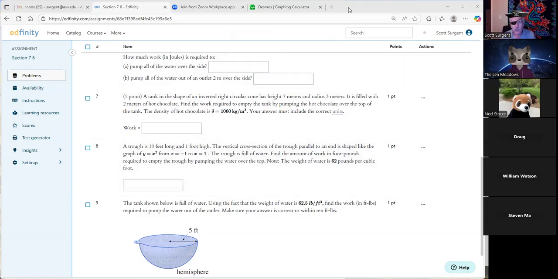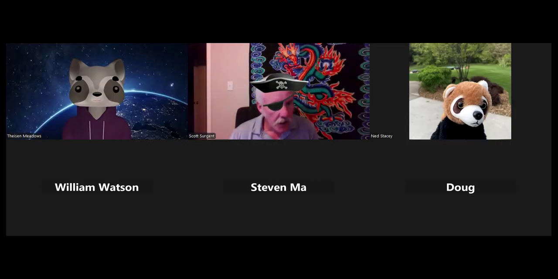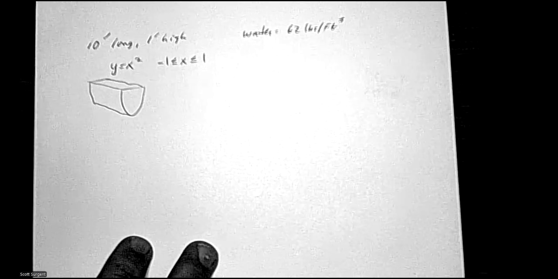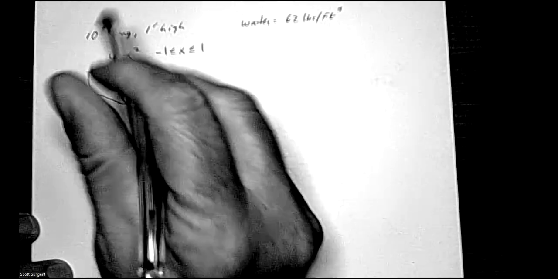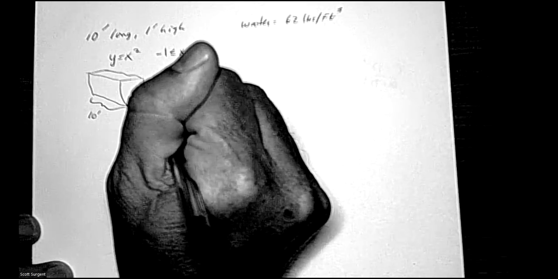Okay, I'll stop the share. I'm going to go to the other camera. Let me pin that. There's my terrible drawing. You've got 10 feet this way. This is 1 foot this way.